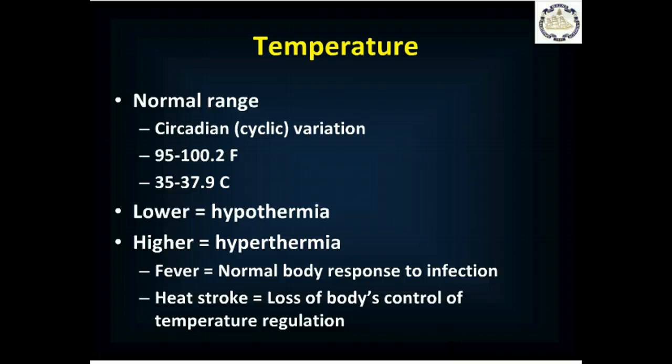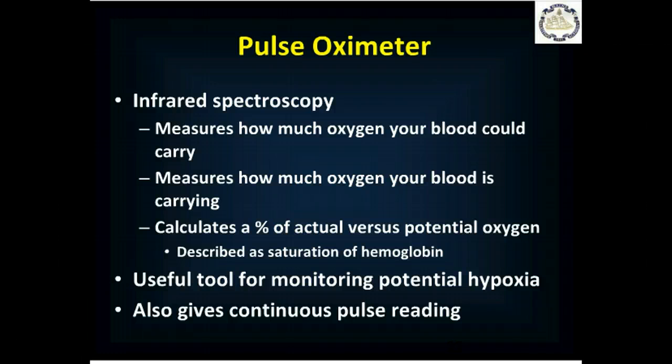The pulse oximeter is another nice vital sign obtaining device, and what it measures is how much oxygen is being carried on the hemoglobin in your red blood cells. So the oxygen that dissolves in your blood really doesn't do much for you. It's the oxygen that's attached to hemoglobin that's so important.